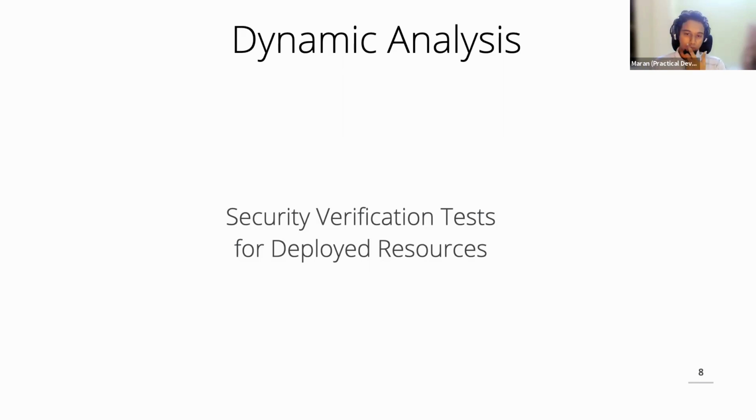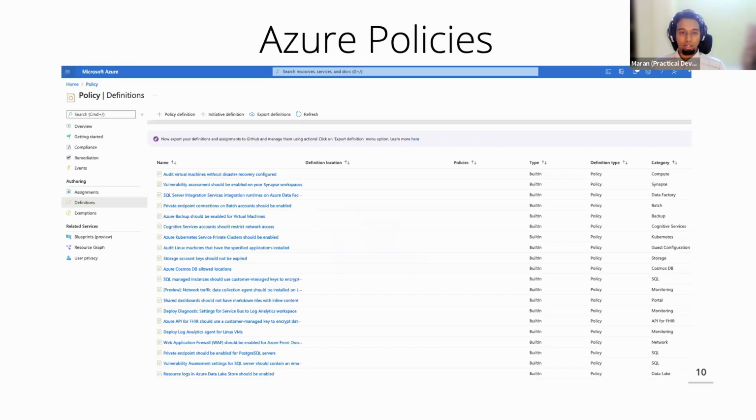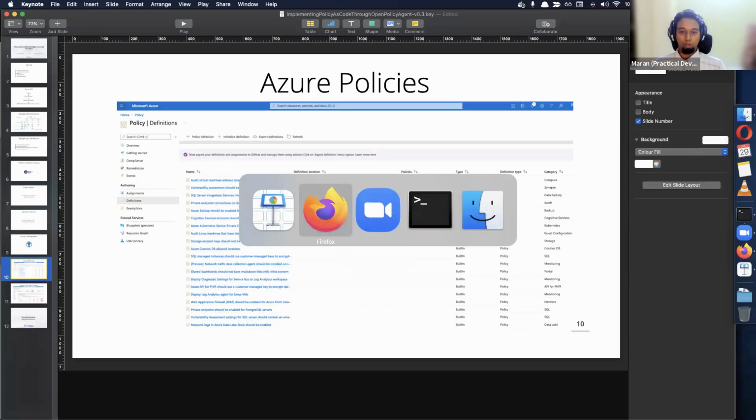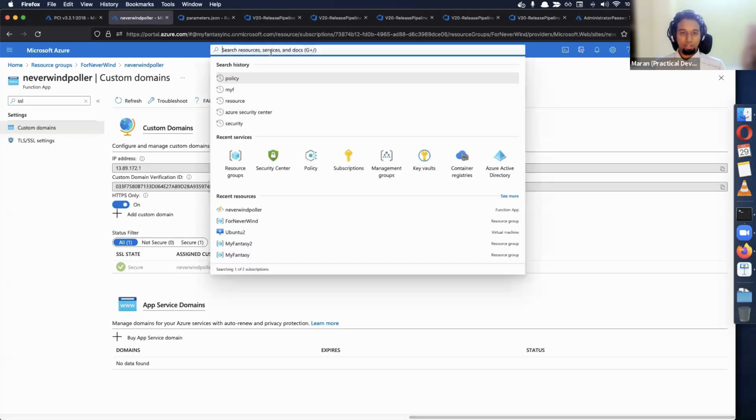Secrets management is next in line. We did look at Azure policies. What are policies? Policy initiatives. We looked at a demonstration of that. And then we paused Azure policies by looking at a PCI DSS standard. What we're going to do is look at another Azure offering called Azure Security Center.